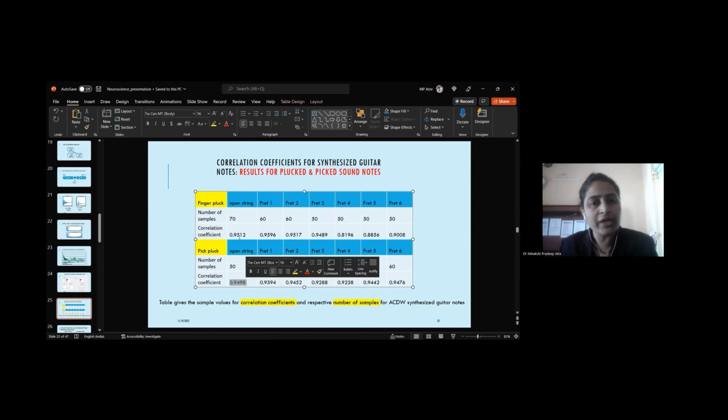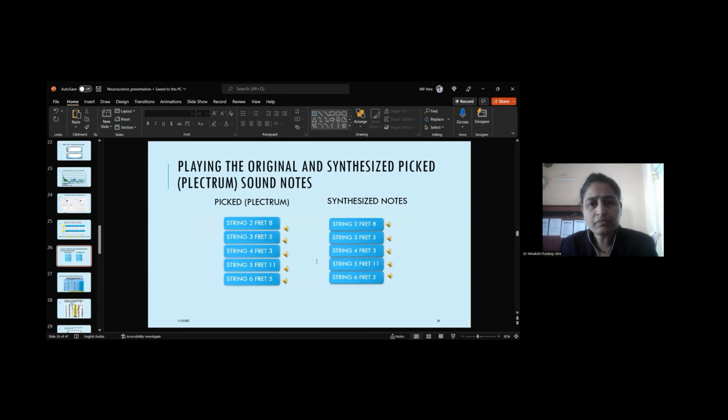So we have 0.95, which is a very good correlation coefficient for the synthesized notes. We are trying to establish the relation between the original note and the synthesized note. That synthesis, with the help of the impulse response, is done to help us identify the impulse responses.